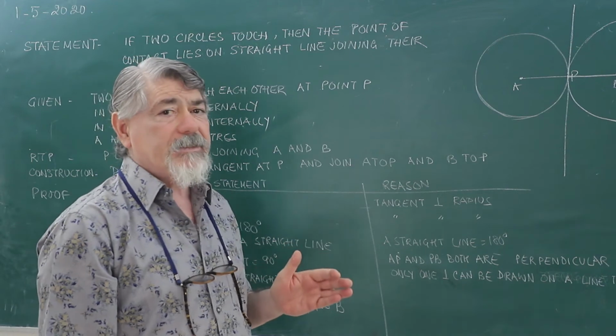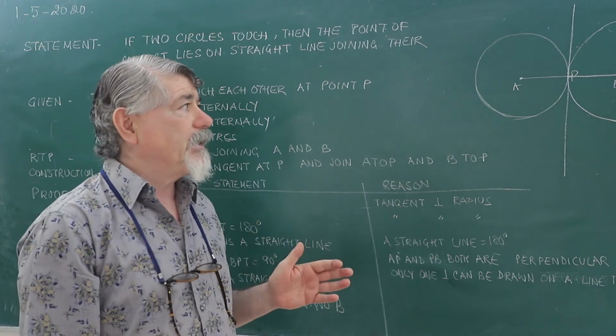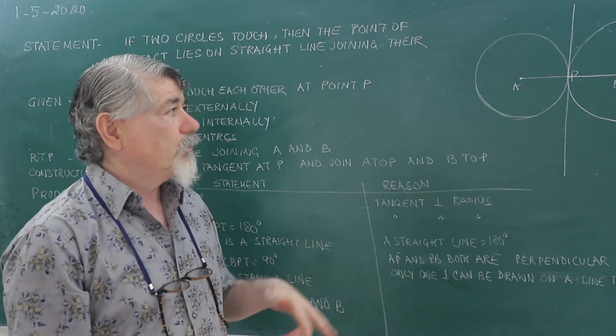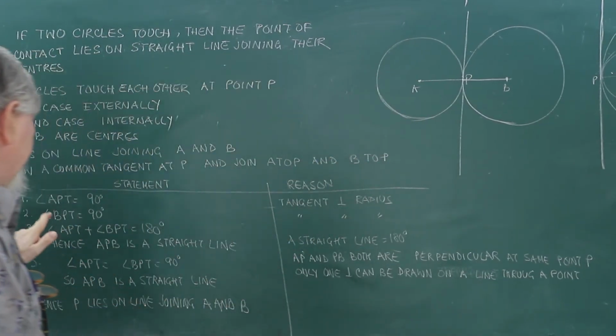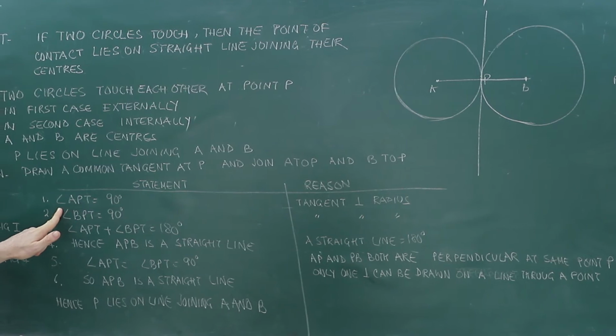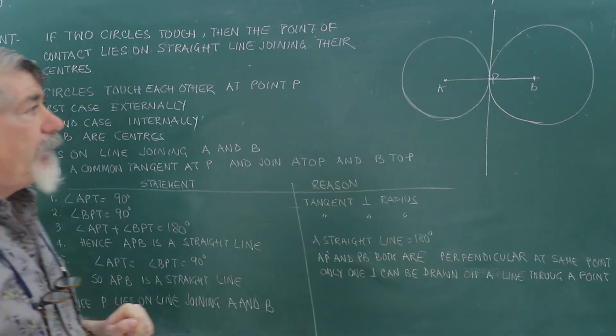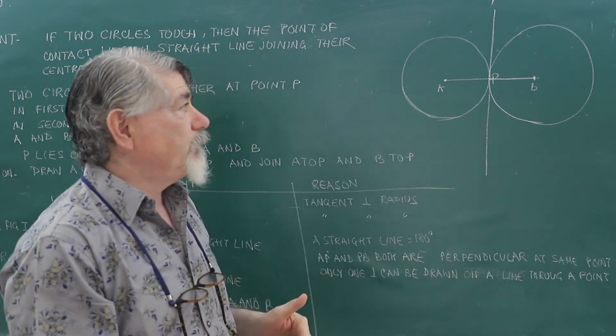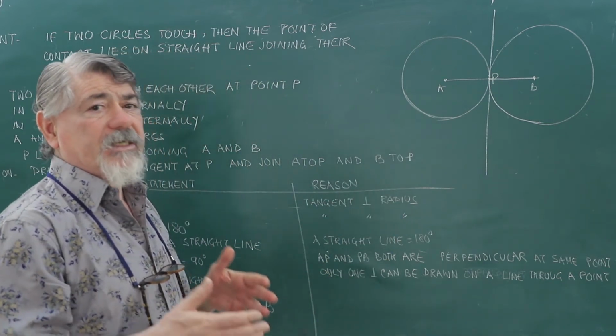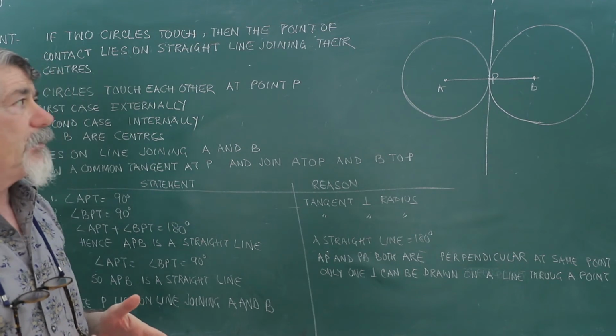So I am saying angle APT is 90 degrees, what I have written here. Then I have written angle BPT is 90 degrees. Why? The same logic. The radius and tangent are perpendicular to each other.